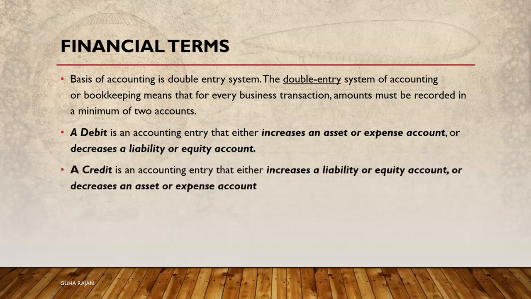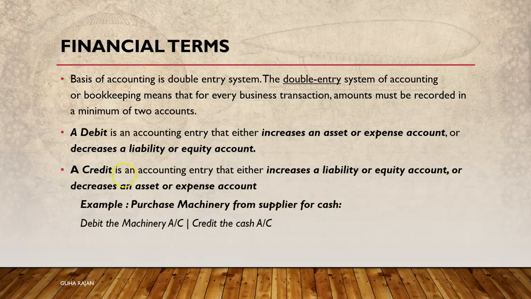Similarly, a credit is an accounting entry that either increases a liability or equity account and decreases an asset or expense account. Just one example: suppose you are a company purchasing machinery from a supplier for cash. Then you debit the machinery account because it increases the asset, and credit the cash account. The cash goes outside, so you credit the cash account.